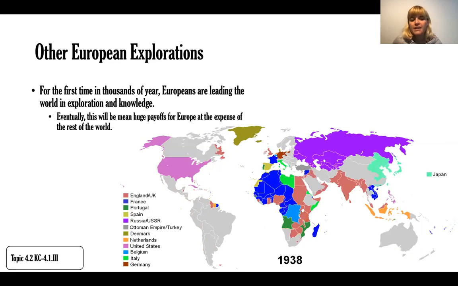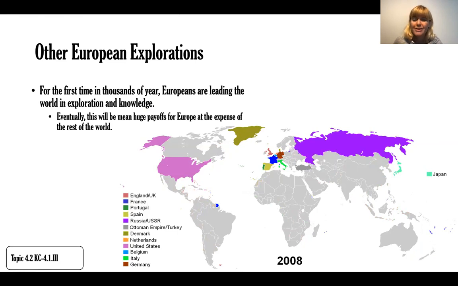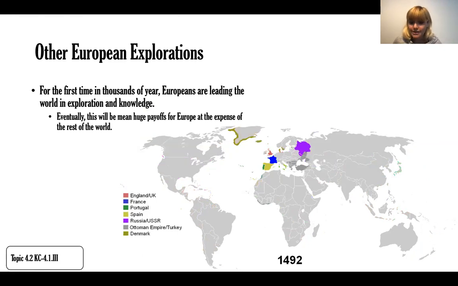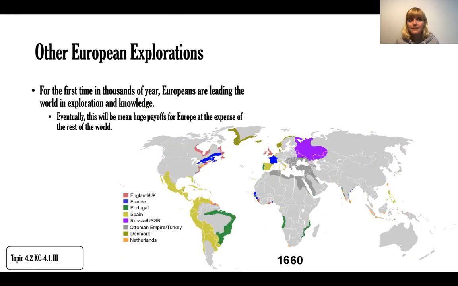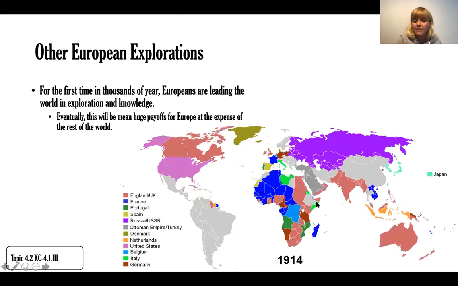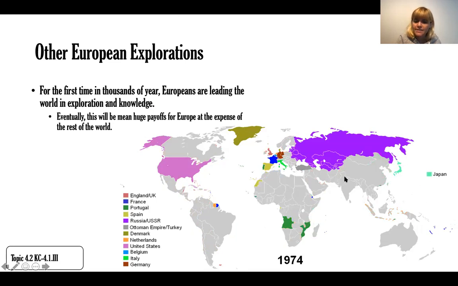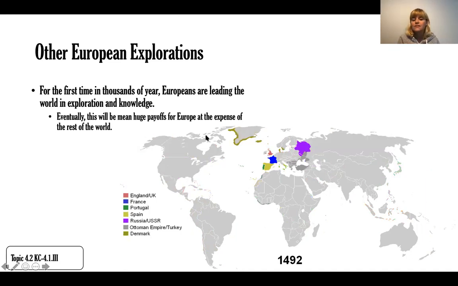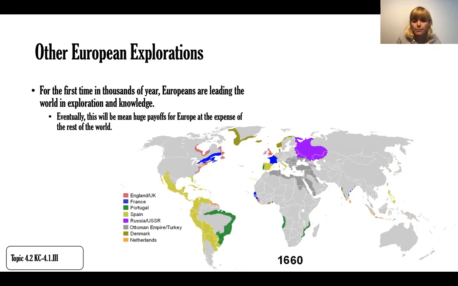What you need to understand, guys, is that for the first time in thousands of years, Europeans are leading the world in exploration and knowledge. Okay, as I said, at the end of Columbus, Magellan, da Gama's voyages, we have maps of the Western and Eastern African coasts, of the South American coasts, okay? We're getting maps of this area of Asia, South Asia, the New World, and all of this stuff is going to have huge payoffs for Europe, okay?